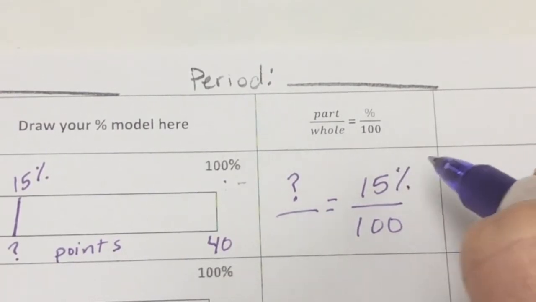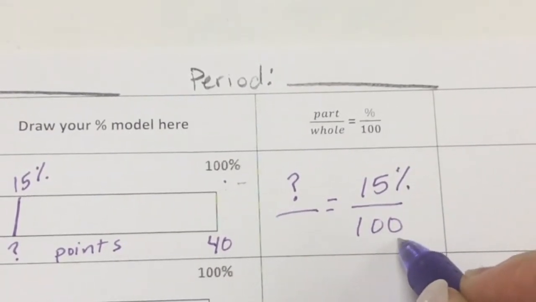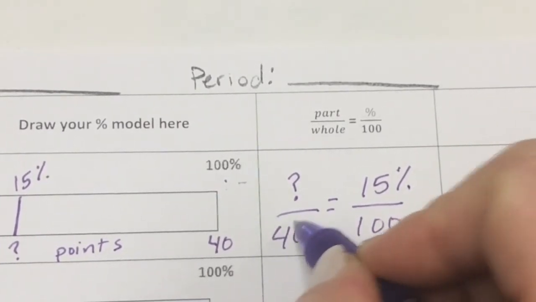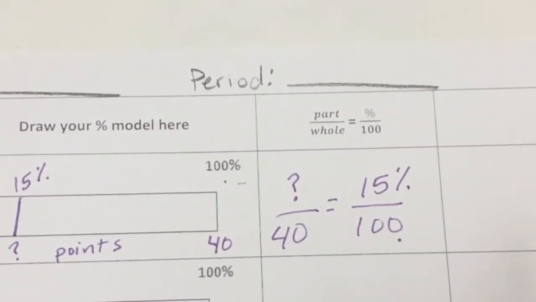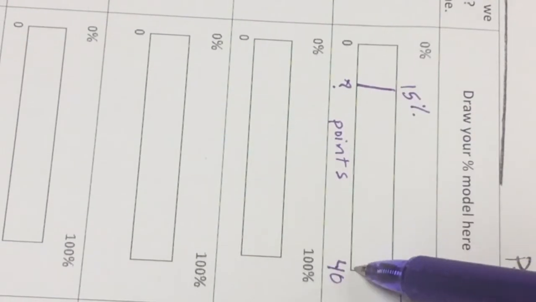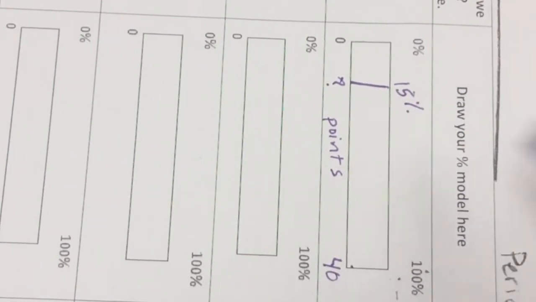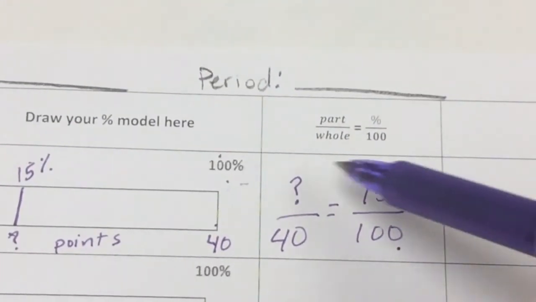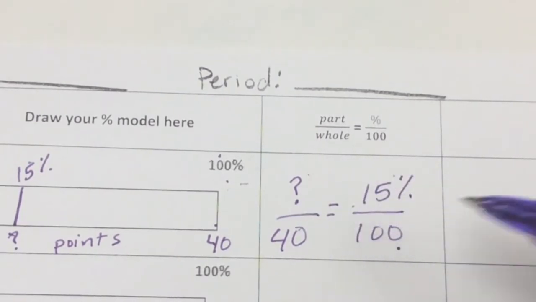But we do know that 100% of the team's points, the whole total score, is 40 points. Now, if I wasn't sure about that, I could turn it this way and say, look, X over 40 equals 15 over 100.